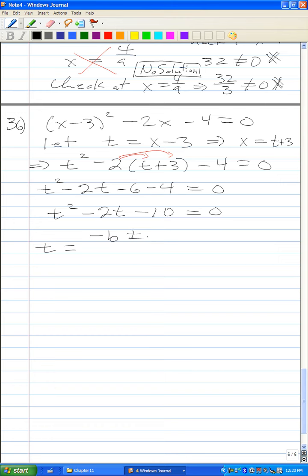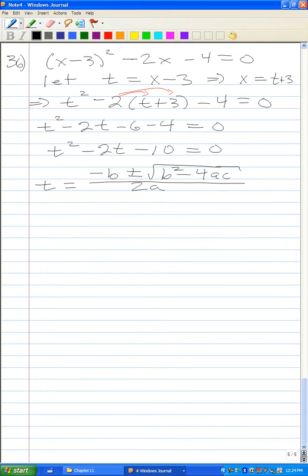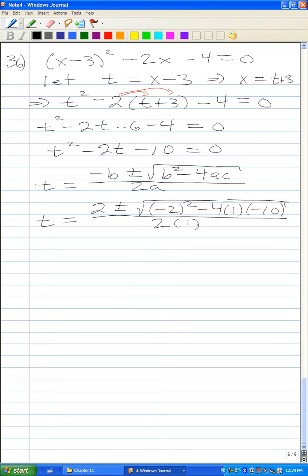Negative b plus or minus the square root of b squared minus 4ac all over 2a. And so I get t is equal to negative b plus or minus the square root of b squared minus 4ac all over 2a.